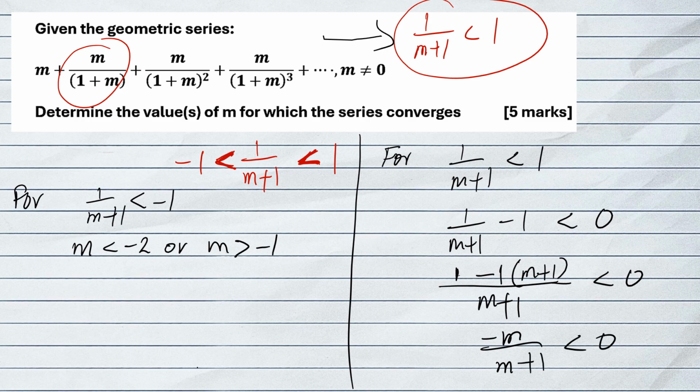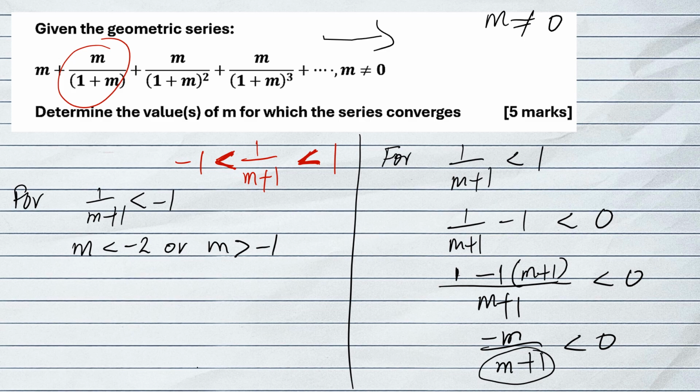Okay, so we have to check our critical values. Obviously in this case, on top it cannot be 0. It means m cannot be 0, right? m cannot be equal to 0. Obviously the denominator cannot be 0, so if you equate it to 0, you will realize m cannot be -1, because if it's -1, it's -1 plus 1, which is 0.